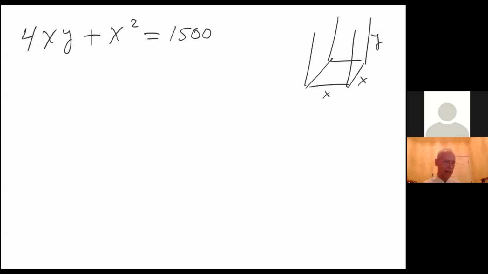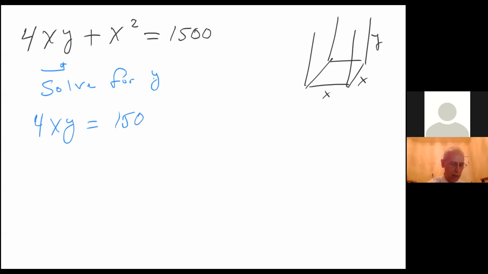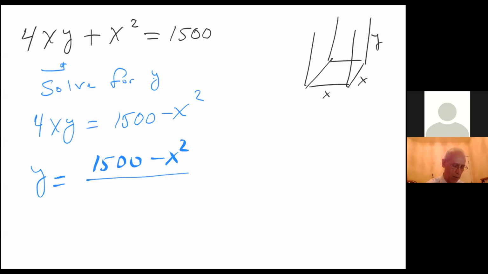And from here, I can solve for y. Subtracting x squared from both sides gives me 4xy equals 1500 minus x squared. Dividing both sides by 4x gives me y equals (1500 minus x squared) all over 4x.